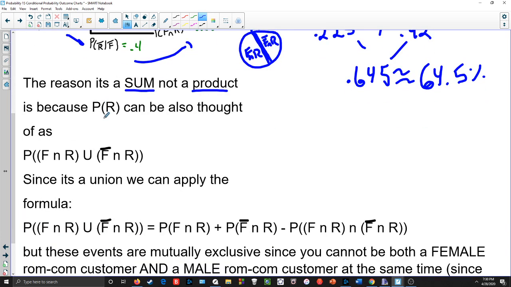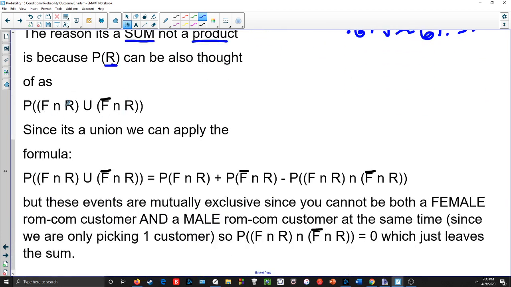So if I want the probability of picking a rom-commer, that's basically the union of female rom-commer and male rom-commer. In English terms, this means the probability of picking a female rom-commer or picking a male rom-commer, or both. Well, obviously, if I pick somebody, they can't be both a female and male rom-commer, so that both part is just nullified.